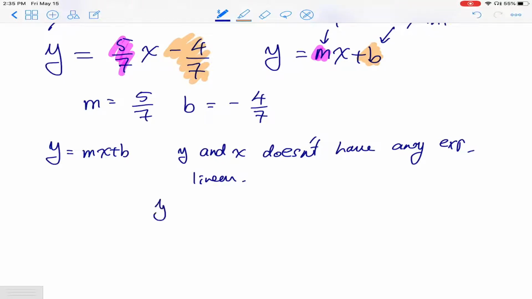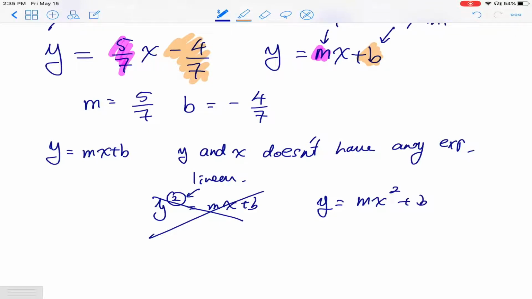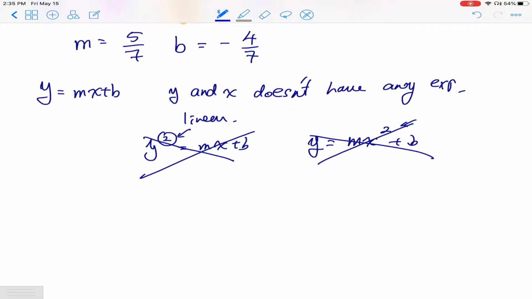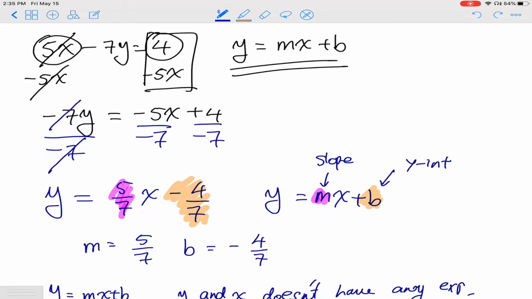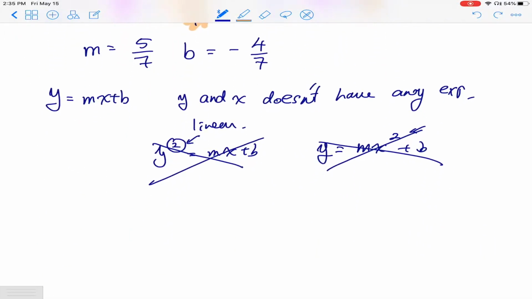If you have y squared equals mx plus b, that's not linear because of the square on the y. If you have y equals mx squared plus b, same thing: because of the square on the x, this is not linear. So this is linear with a slope of positive 5 over 7. So this equation, 5x minus 7y equals 4, has a positive slope.